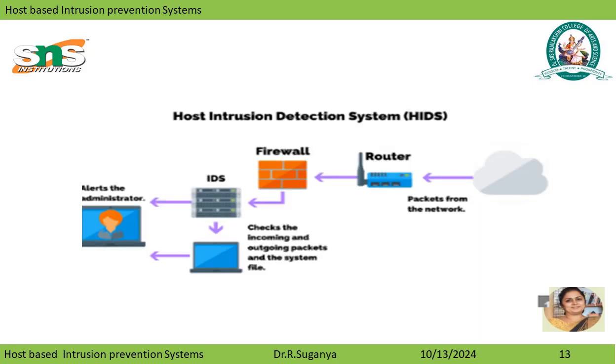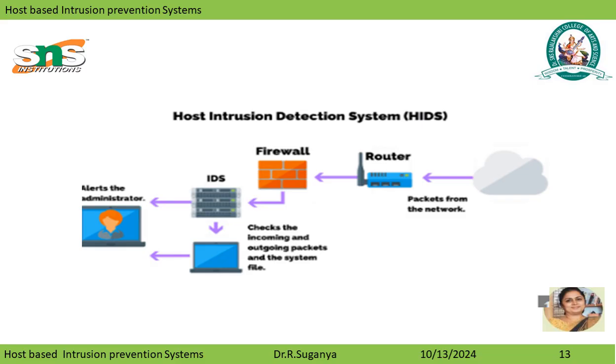So here is all the things: the IDS, the firewall, the router, where we are using the networks. In networks, we have lots of host-based systems, and intrusion detection systems happen, and the alert is given to the administrator.